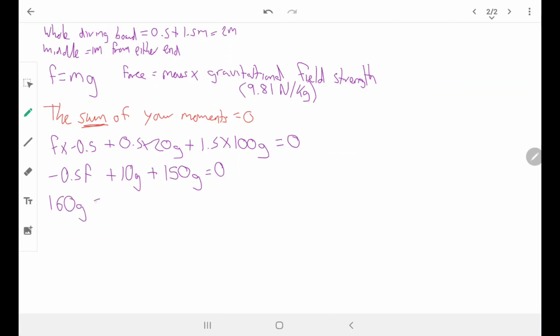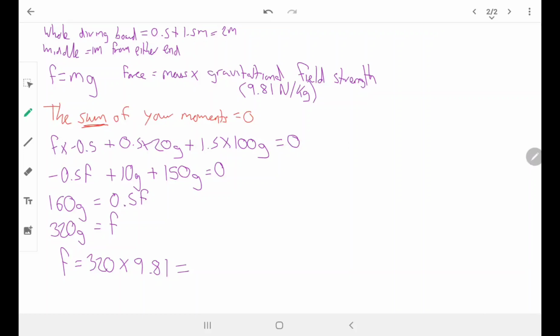So 160g equals our wonderful 0.5 F. I don't like this 0.5, so I'm going to either divide by 0.5 or times by 2, so that you get 320g equals our F, or F equals 320 times 9.81, which I need to get my calculator out quickly, because even I can't work that one out.